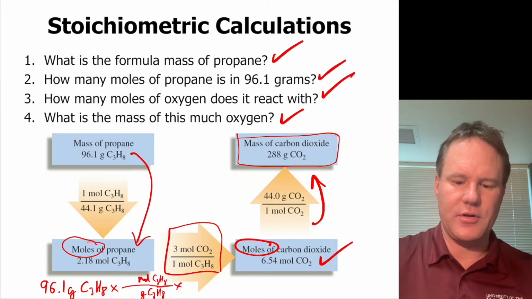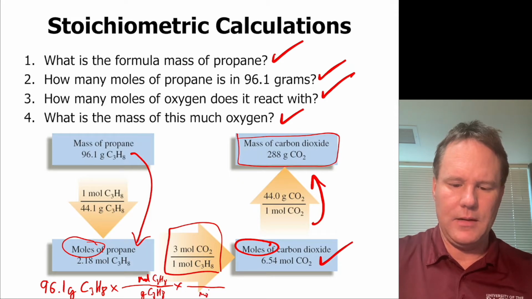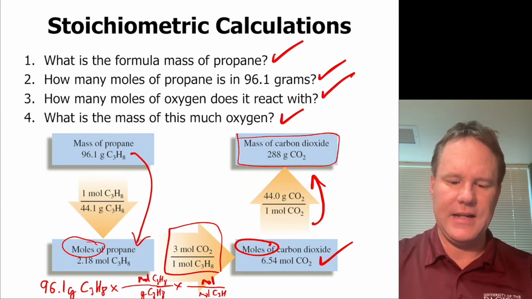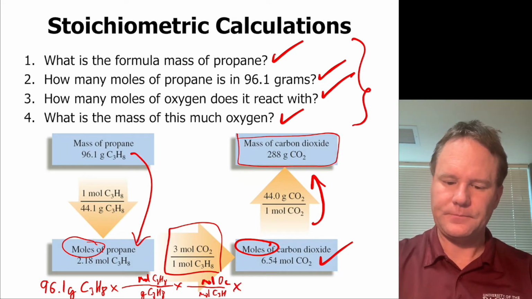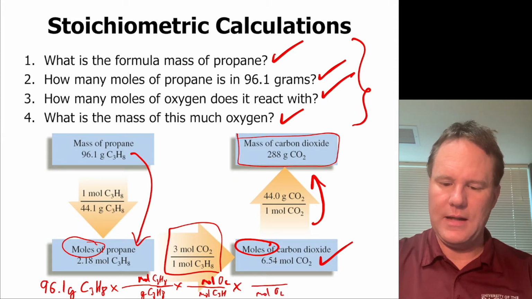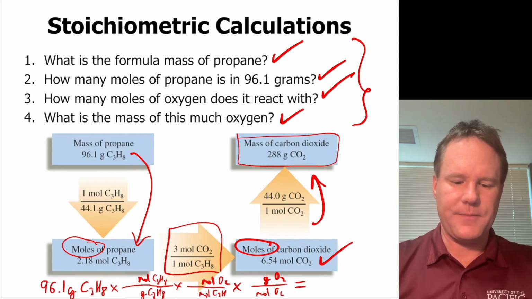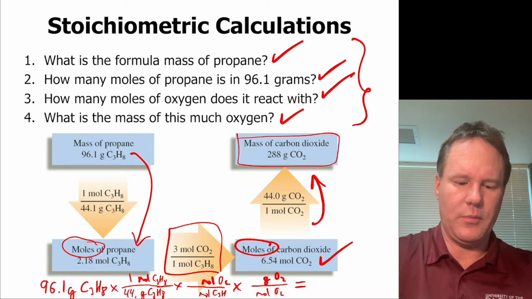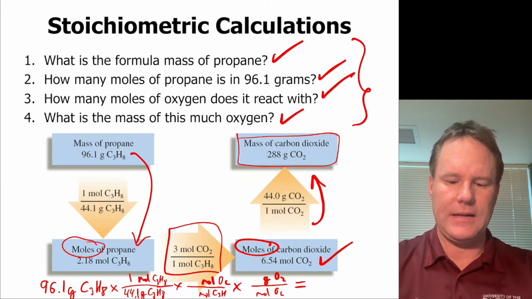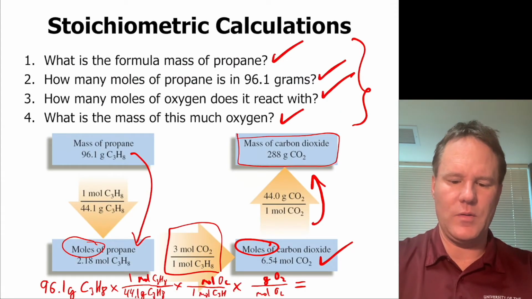Then the next conversion is going to be between moles of propane and then the moles of what I want. Let's do it in oxygen, right? In this case here, right? And then I want to get the grams of oxygen. So from the moles of the O2, I want to get the grams of the O2. So let's put in the factors. Well, I know that 1 mole of propane happens to be 44.1 grams of propane. And I also know that 1 mole of propane reacts with 5 moles of O2.